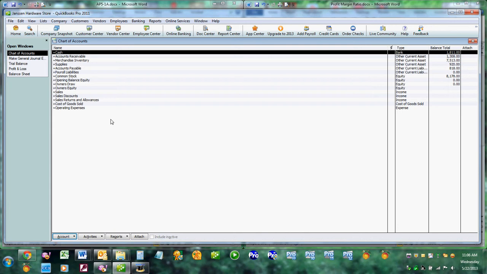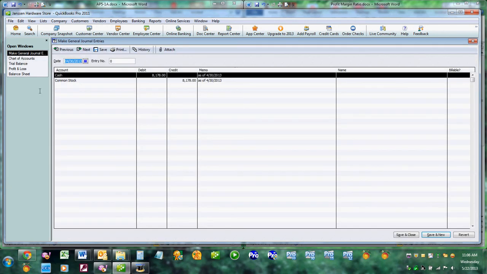After I created the chart of accounts, I started to do the journal entries, which says Jansen Hardware Store completed these merchandising transactions in the month of May. At the beginning of May, Jansen's ledger showed cash of $81.78 and common stock of $81.78.